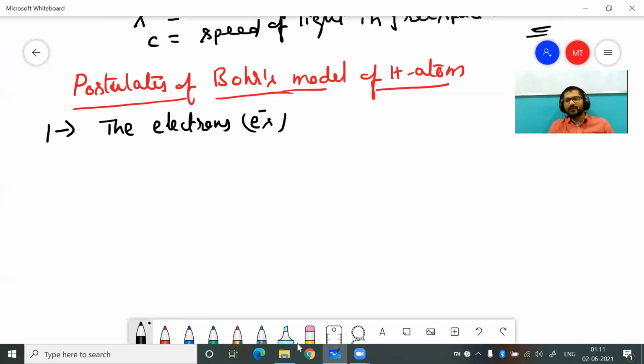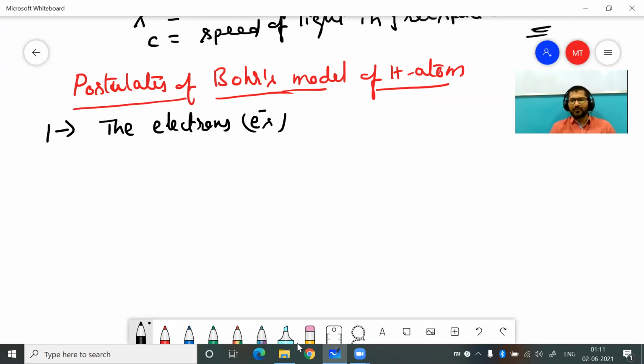Rutherford had already concluded with the help of the alpha scattering experiment that the entire positive charge of the atom resides at the center, called the nucleus. Bohr also brought this point, and in addition he modified some suggestions by applying Planck's quantum theory.